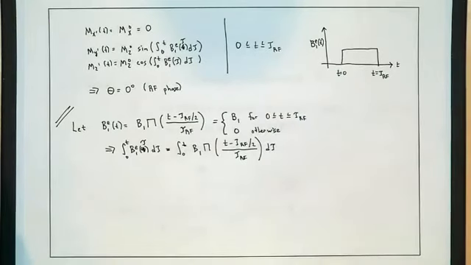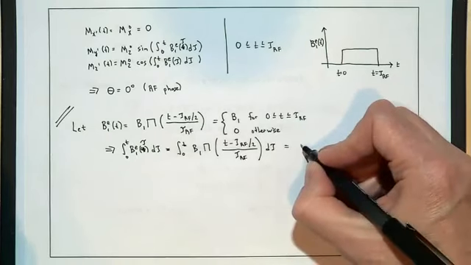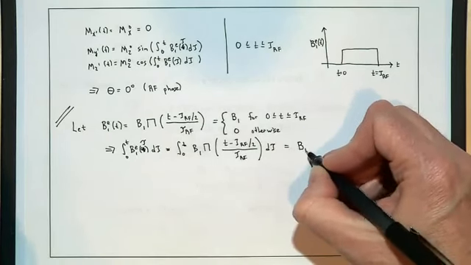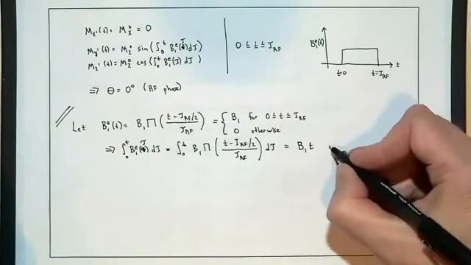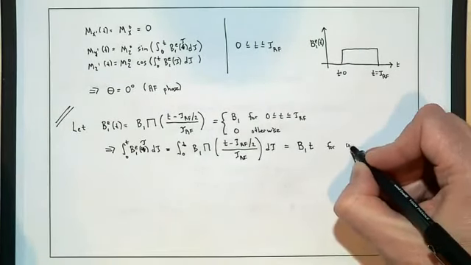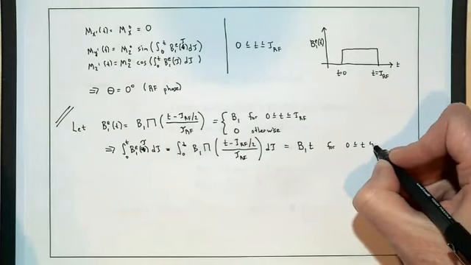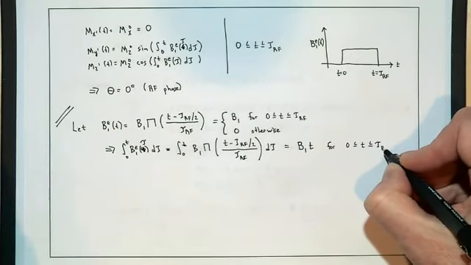Now, fortunately, while the nomenclature is a little bit clumsy, integrating this rect function over some interval boils down to just being the B1 amplitude times time, specifically for 0 less than t less than tau RF.